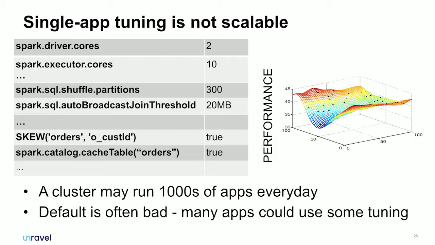So for cluster level default, what I was trying to say is that single app tuning, being the ability to drill down deeply and try out different values of a set of configurations, is very powerful, because it saves time for users from doing that manually and not knowing what values they should try. However, this is just about one single app.